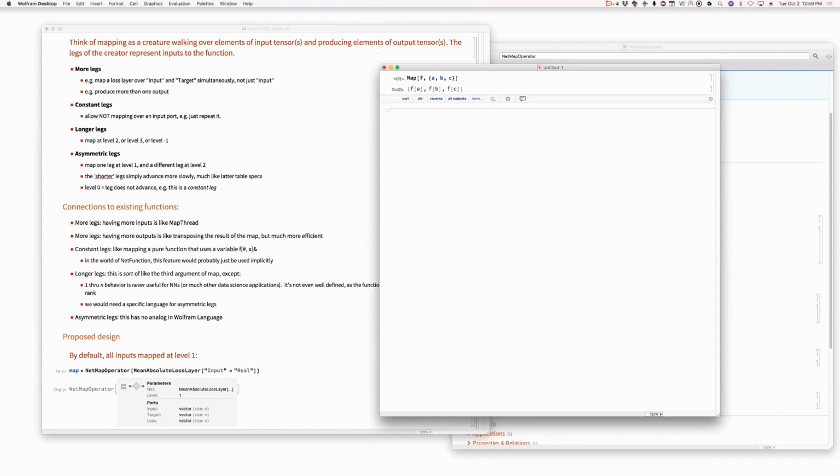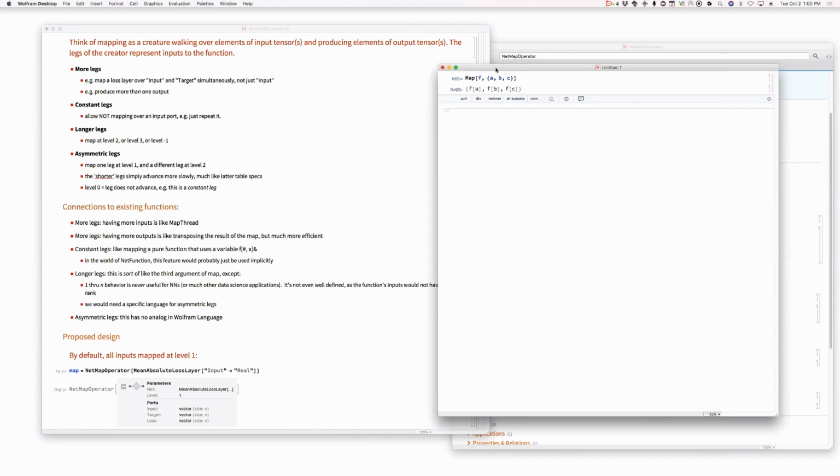But it's more general than that, it turns out. Turns out that a language doesn't actually support the most general thing you could do. Oh, well, let's forget the neural net case. What are we talking about here? So I do connect it up, right? Connections to existing functions. You see that section there? Yeah. So more legs is like having more inputs. That's MapThread. Yeah. There's no analogy for having more outputs.